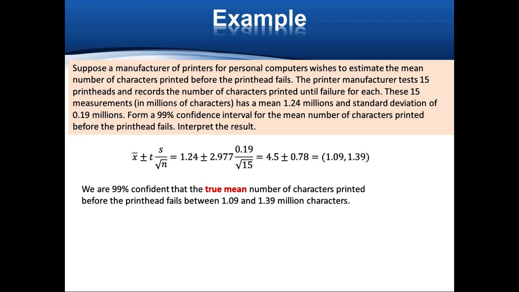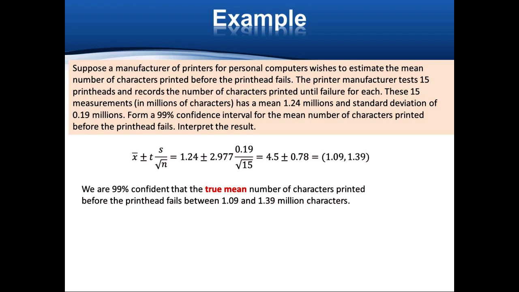So we can use the formula to calculate the confidence interval. x bar, the sample mean, is 1.24, plus or minus the t-score we found in the t-table, 2.977, times s, the standard deviation, 0.19, over the square root of n, the sample size, 15, so that you can get the result.